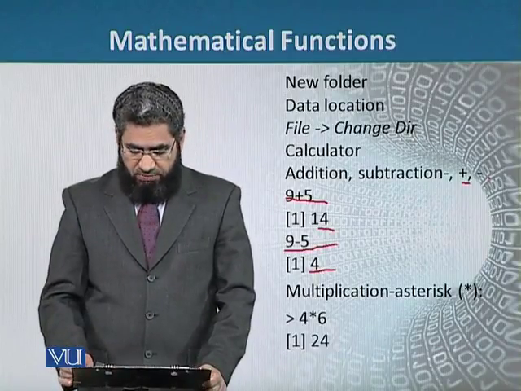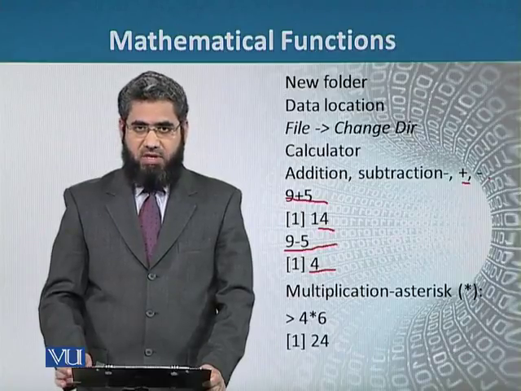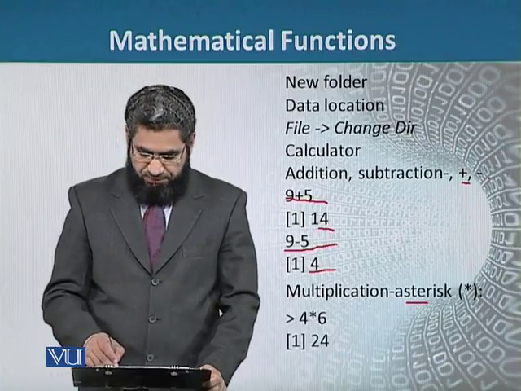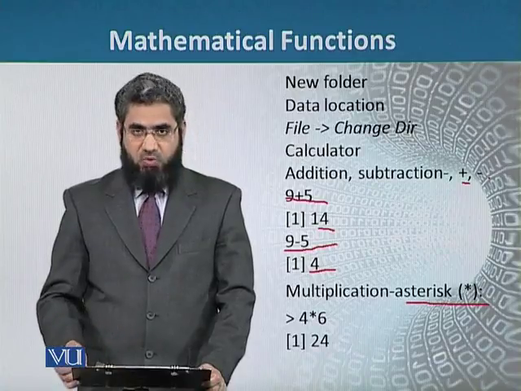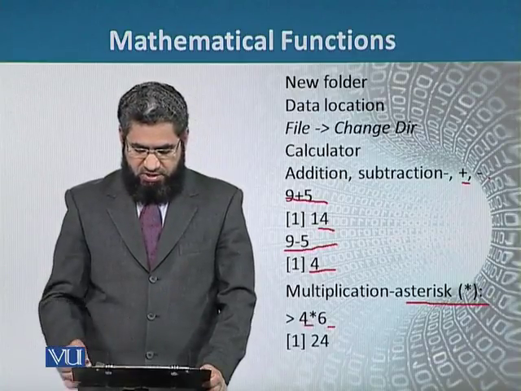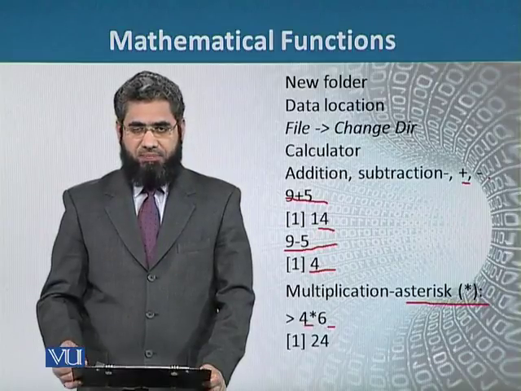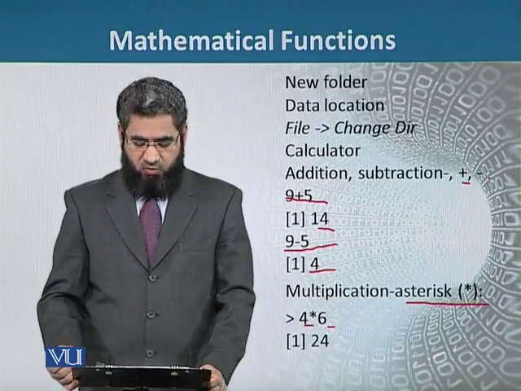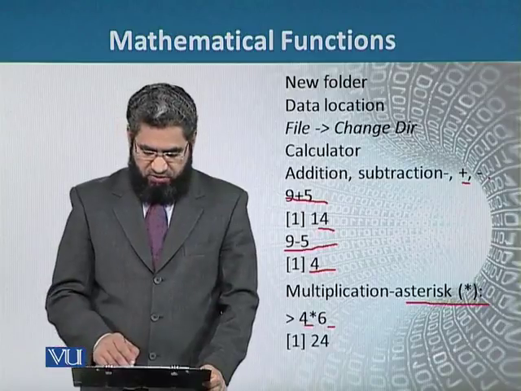Similarly, we can use the multiplication option by using the operator asterisk. If we use two numbers here, 4 and 6, and use the asterisk in between them, it means we are going to multiply 4 with 6 and the answer will be 24.